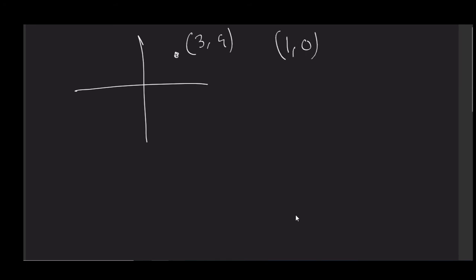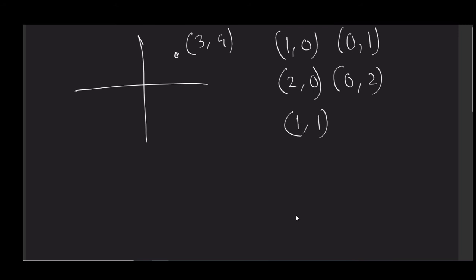Let me take an example of a two-dimensional vector that will be easy for us to visualize. Say you have 3 comma 4. There are many ways. Let me write a few bases of this space: 1 comma 0, 0 comma 1, then 2 comma 0, 0 comma 2, then 1 comma 1, and 2 comma 3.